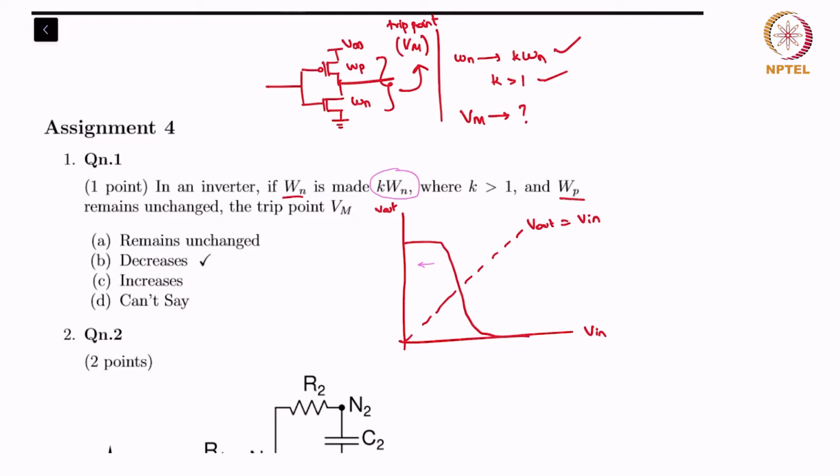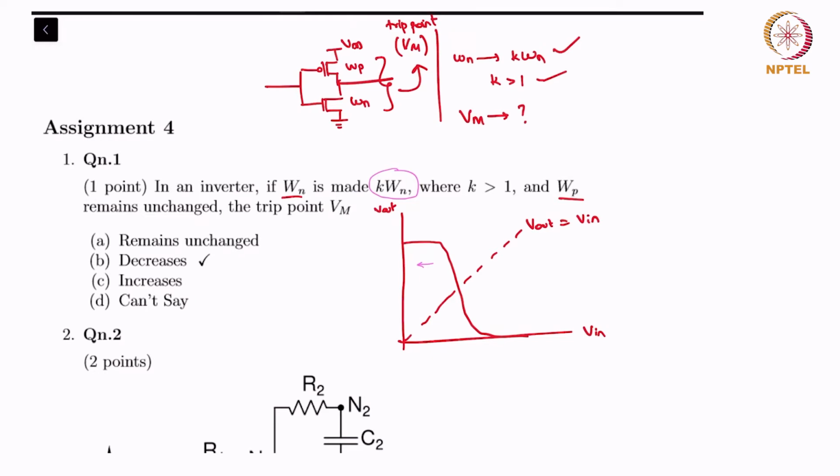You made the NMOS stronger, so every voltage will now be lesser than it was before, a monotone decrease or monotone non-increase as compared to before.